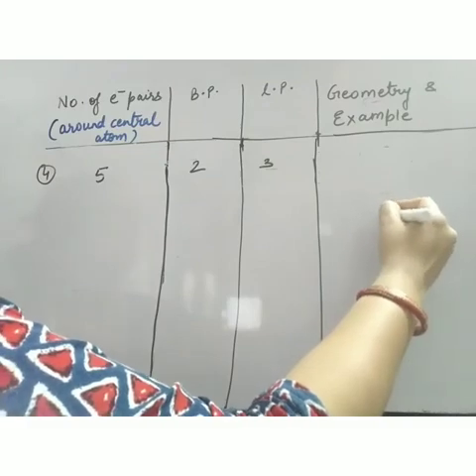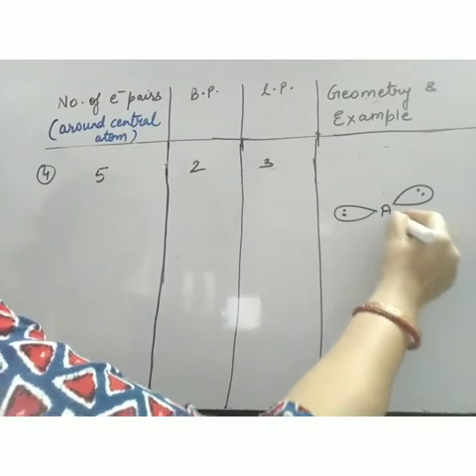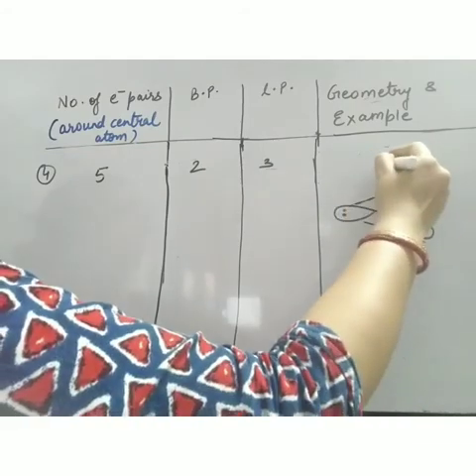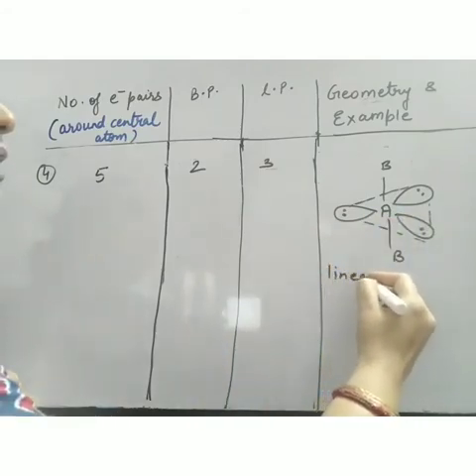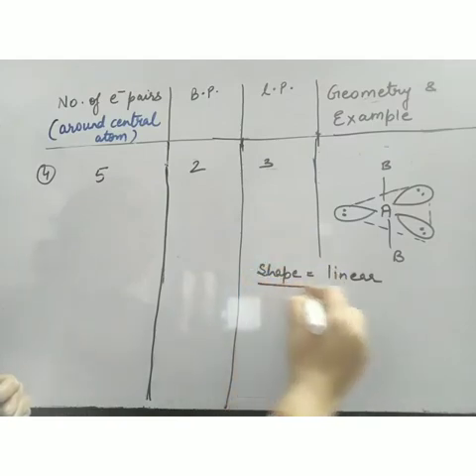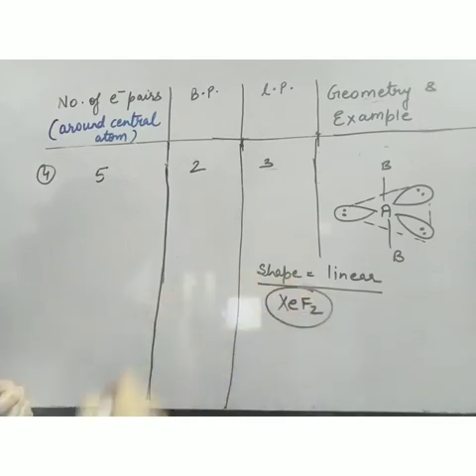So this is A. Now at all the 3 equatorial places your lone pairs are there. Now B and B. And what is the shape now? Linear. So geometry is still trigonal bipyramidal, but the shape is linear, and the best example is XeF2, xenon difluoride.